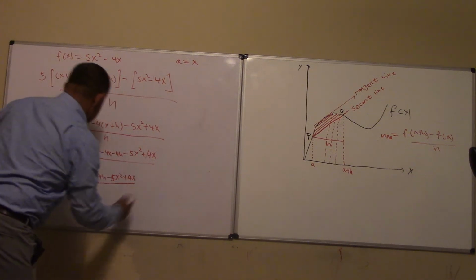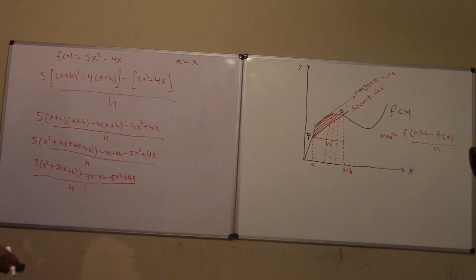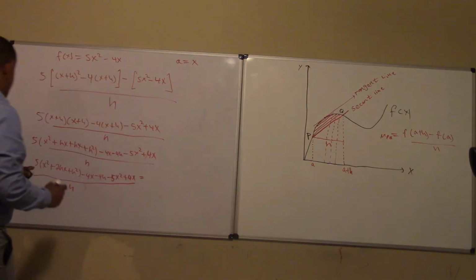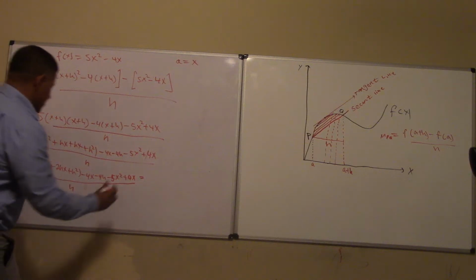Now I can distribute that inside this 5, and also I can start canceling some stuff already. But I just do everything and then start canceling, right? So I will distribute that inside, and I get what?